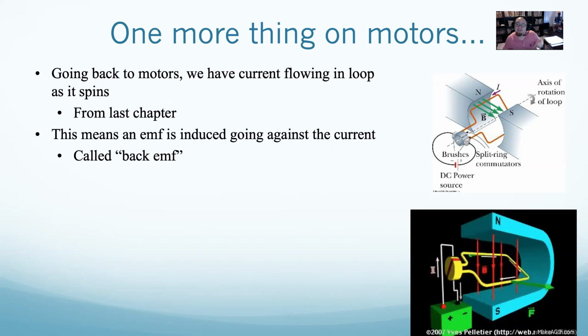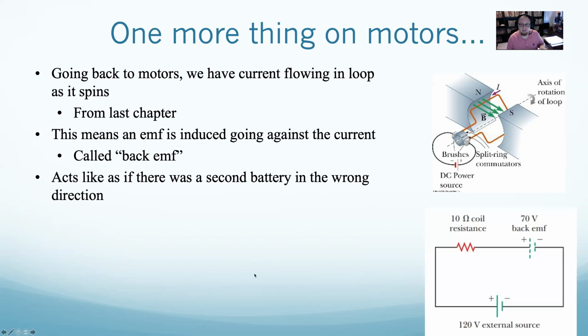But the process of that ring spinning creates an induced EMF. Any motor that's made like this will act like there's a second battery inside of it. And the power needed to make the motor spin is going to be reduced by what is called the back EMF, which is the induced EMF.